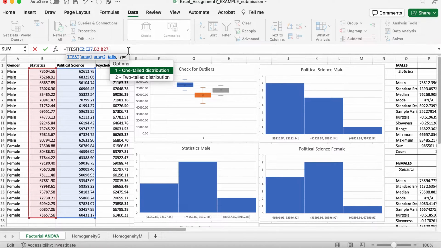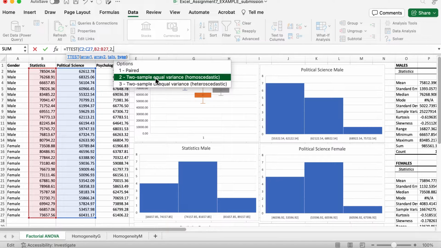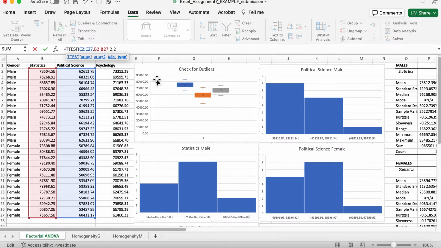It's going to be two-tailed, so we're just calling it two-tailed here. And then we are homoscedastic because we have equal variances, so we can select 2 there.